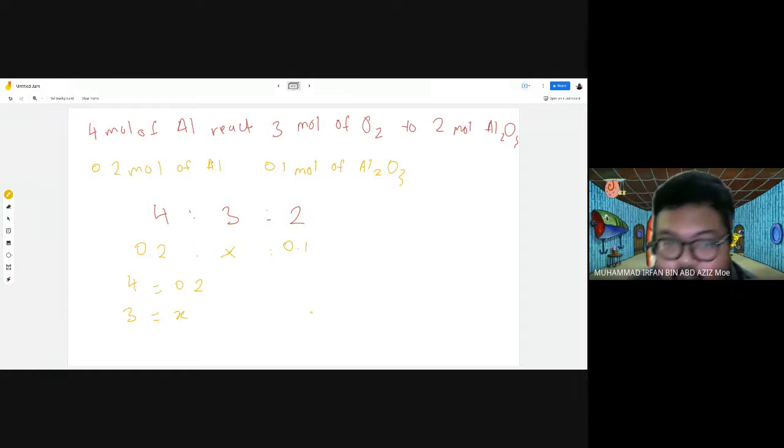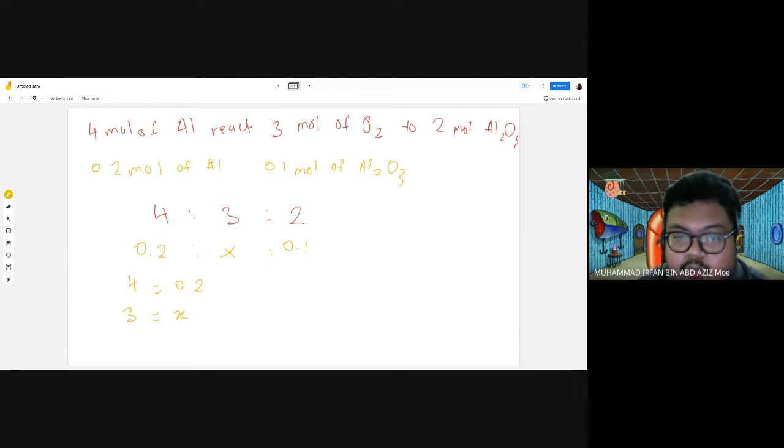Okay, use ratio. Kalau kita tengok kat sini, okay, 0.2 divide by 4.